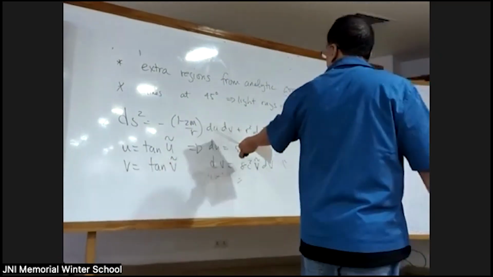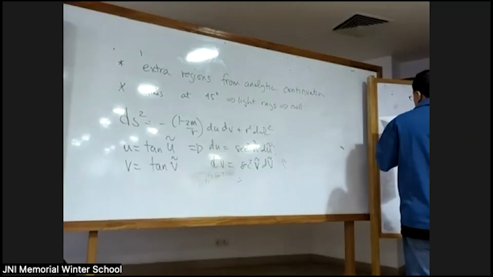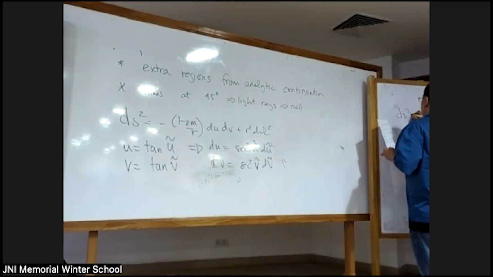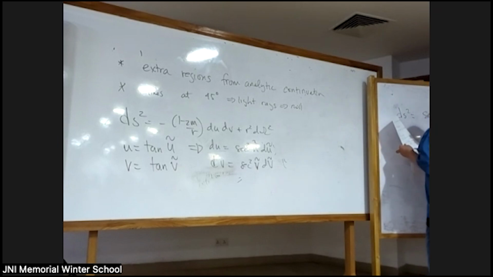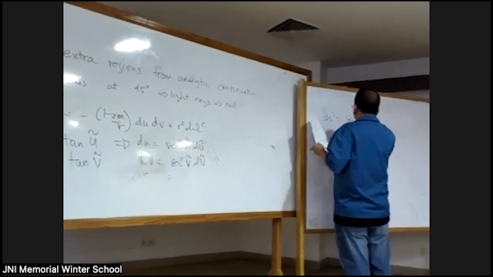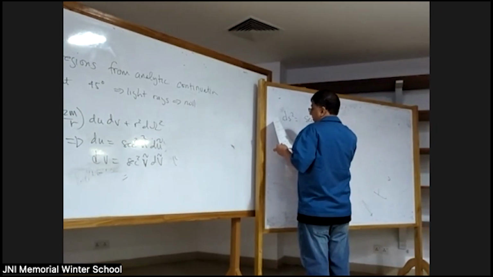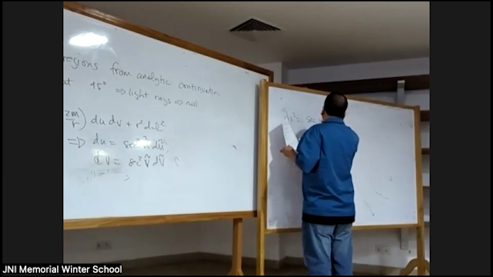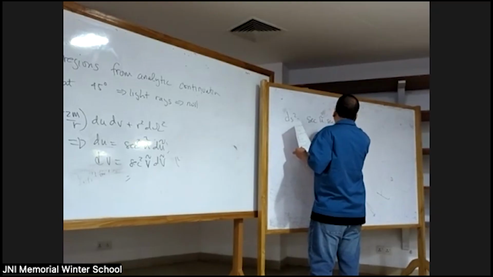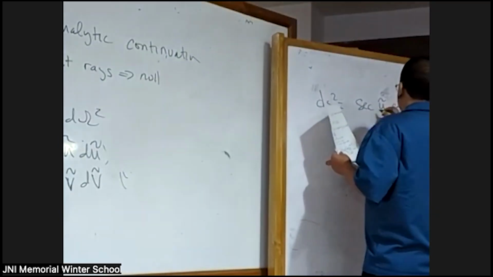Inputting these into there, you have ds squared is equal to secant u tilde secant v tilde squared.